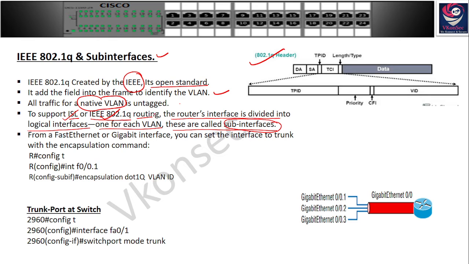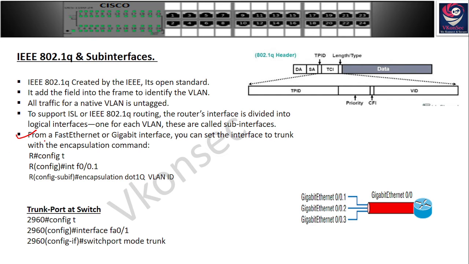As I told you, one physical interface of the router will be directly connected to one switch port, and that switch port is going to be marked as a trunk port. That trunk port will be using ISL or IEEE 802.1q, and with the help of sub interfaces, according to the VLANs, you create the sub interfaces on the router to identify every VLAN.